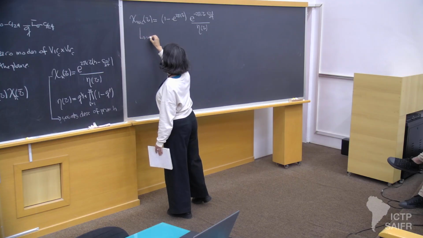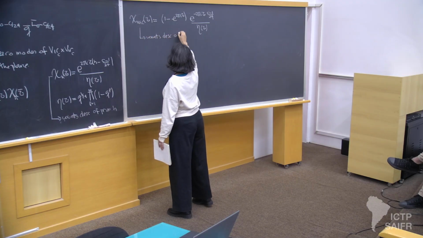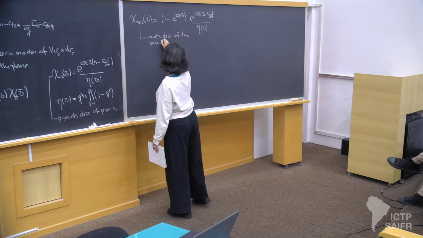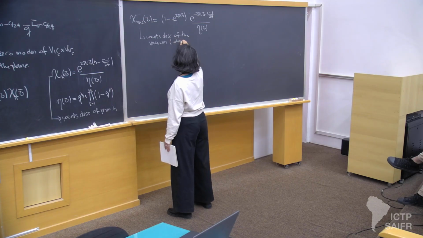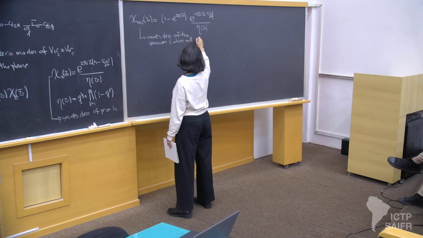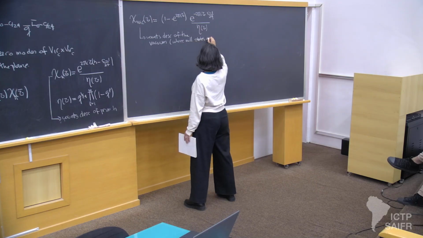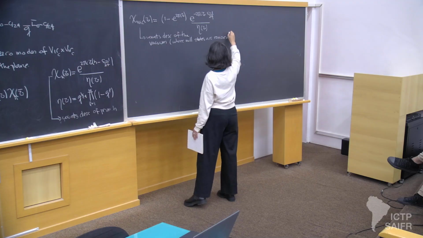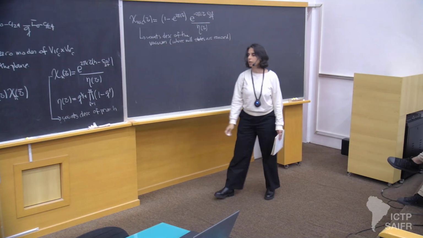So this counts descendants of the vacuum, where null states are removed. That's why the counting is slightly different from the generic primary.